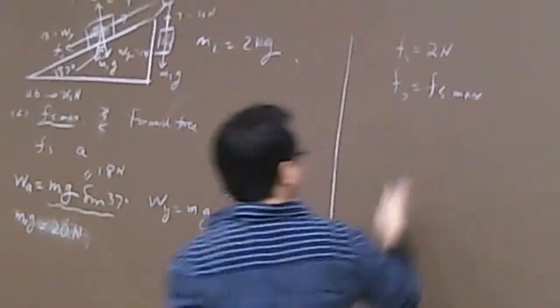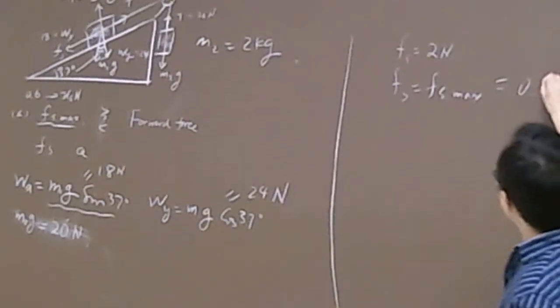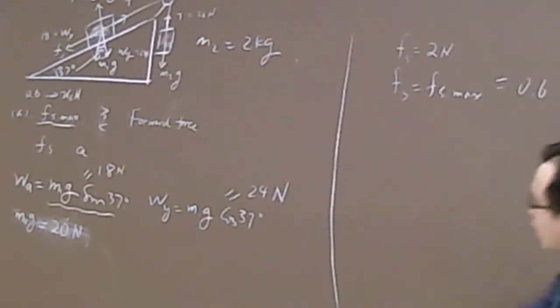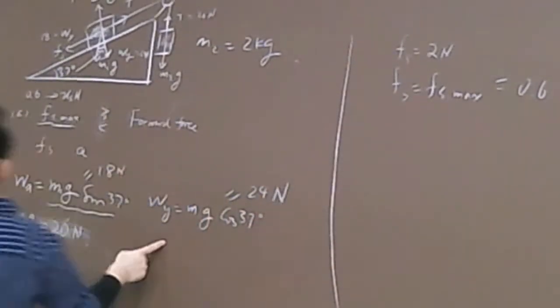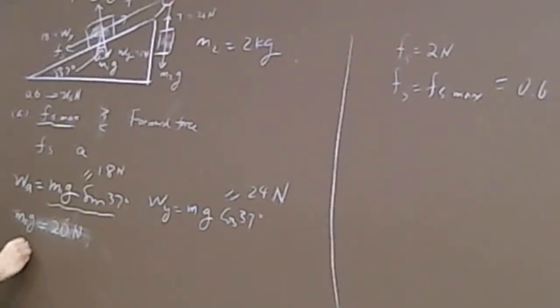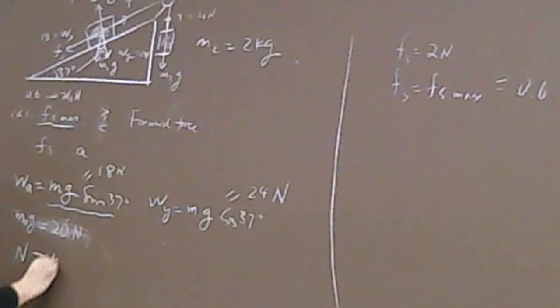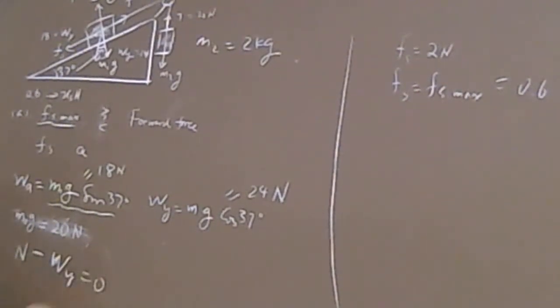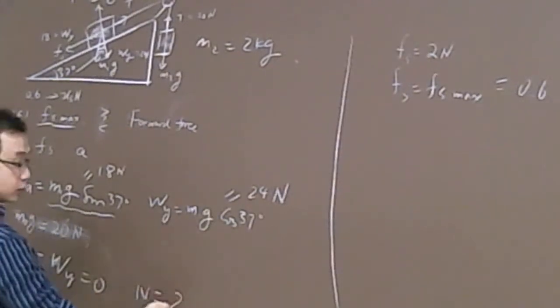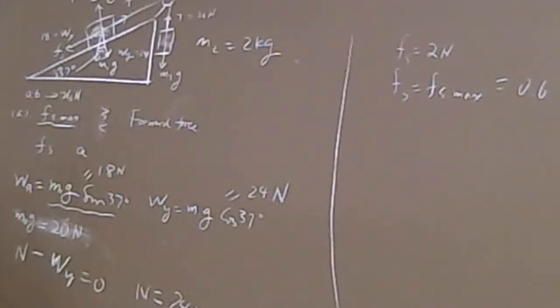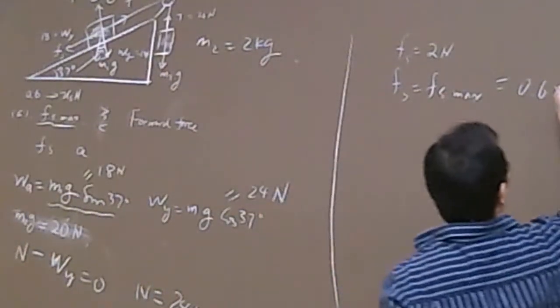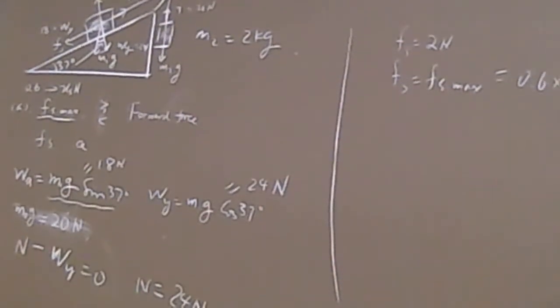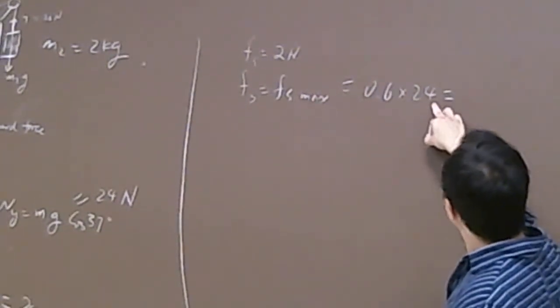Now let's calculate the Fs max. It's 0.6 multiplied by N. According to our analysis here, N minus Wy should give you 0. So N equals Wy equals 24 Newton, right? So multiply by 24. What is the static frictional force here?